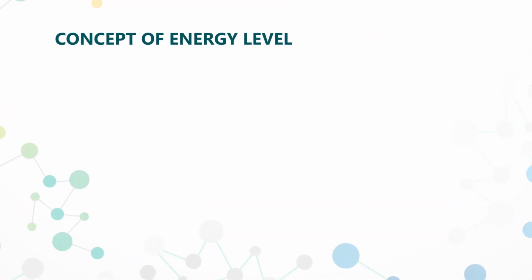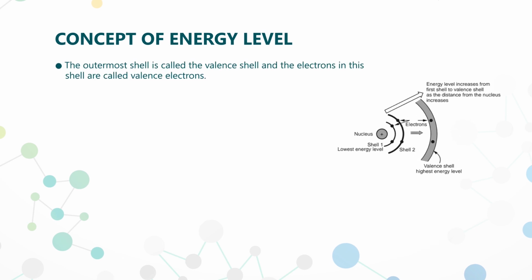The outermost shell is called the valence shell, and the electrons in this orbit are called valence electrons. Hence, valence electrons are those found in the valence band, the outermost orbit of the atom. In this diagram, the center part is the nucleus and the electrons are rotating in different orbits.